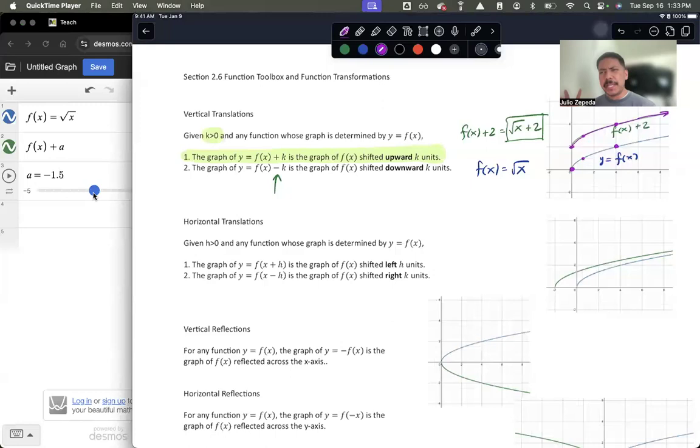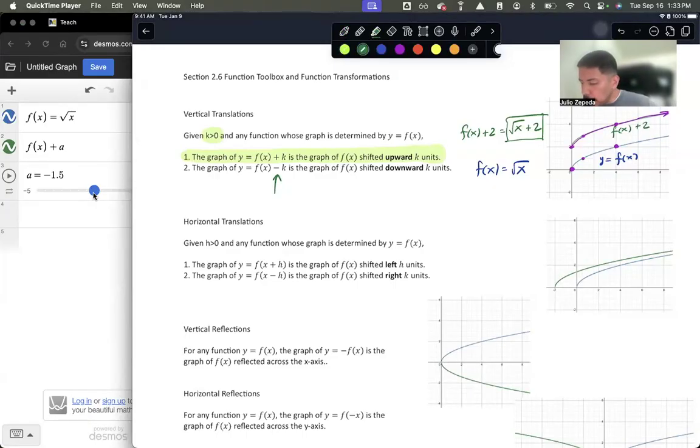Okay, so just so we can see what's happening, this adding or subtracting of a number outside of the function is a vertical shift in the up or down direction. All right, so let's move on to horizontal translations.